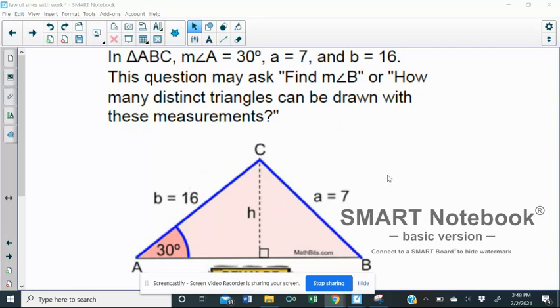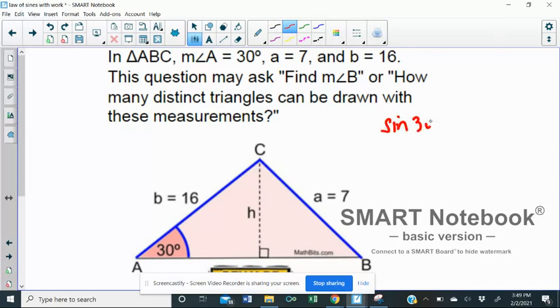Go ahead and take a minute. You're going to do your law of sines for this on your calculator. We want sine of 30 is equal to 7 over the sine of B over 16.